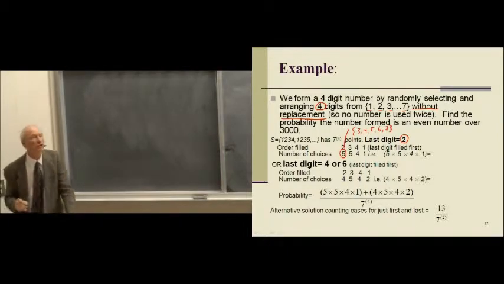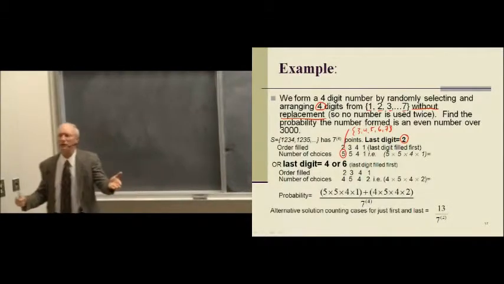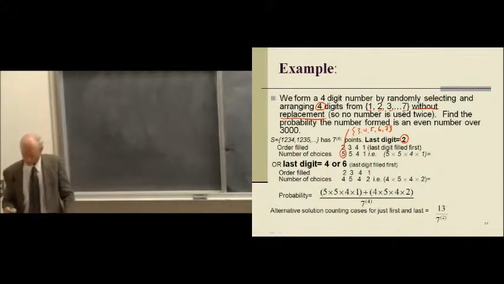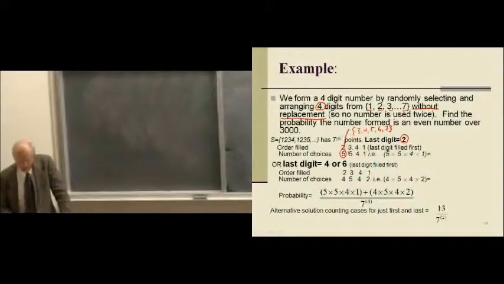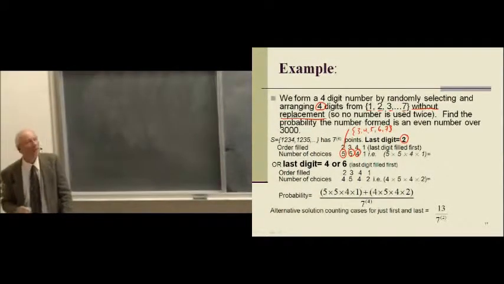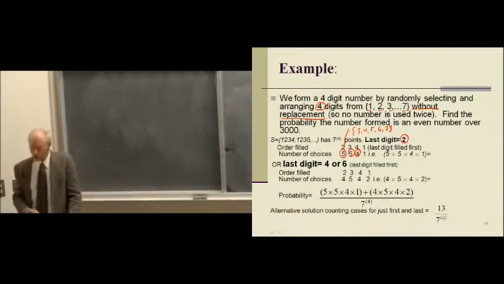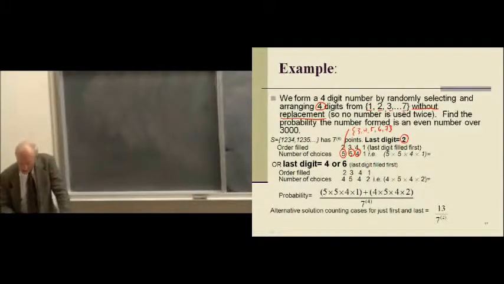There are 5 choices for the first digit, and having used one of those, for example, having picked 3, I now have 5 choices for the second digit. I've consumed 2 of my 7 digits. I have 5 left to select among. Similarly, when I move on to the third digit, now I've used up 3 digits. I have 4 digits left. So this is 5 times 5 is 25 times 4. That works out to 100.